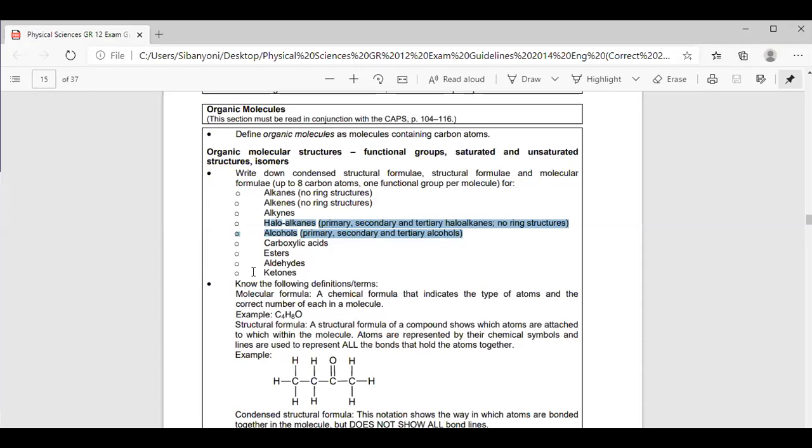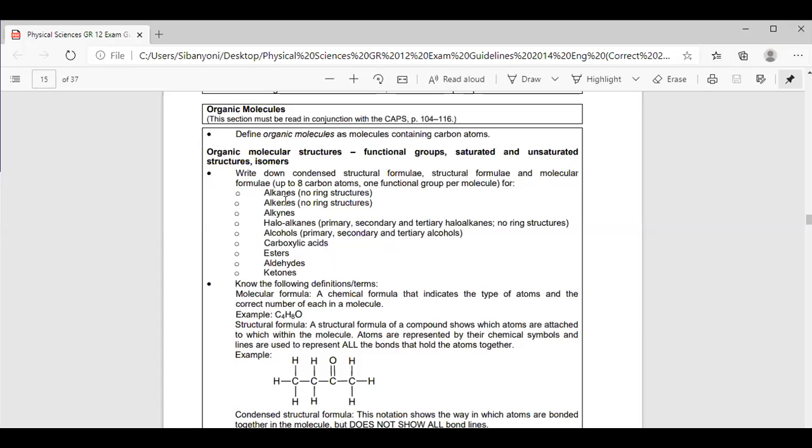We must know how to draw or give examples of these types of haloalkanes and alcohols, and also being able to identify them. Being able to identify an alcohol as being primary or secondary or tertiary, and also being able to give a reason why it is a primary alcohol or a secondary alcohol or a tertiary alcohol.